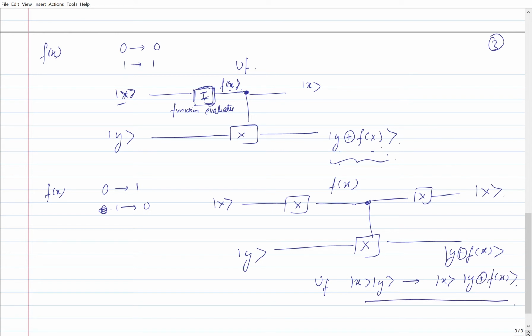So the bottom line is we can compute any Boolean function f of x, and then use it as a control flipped operation.